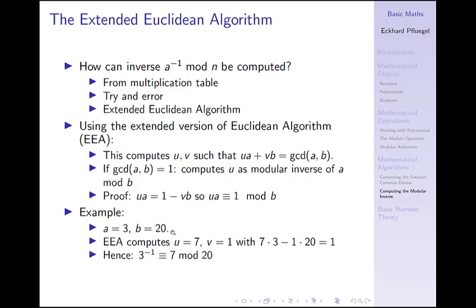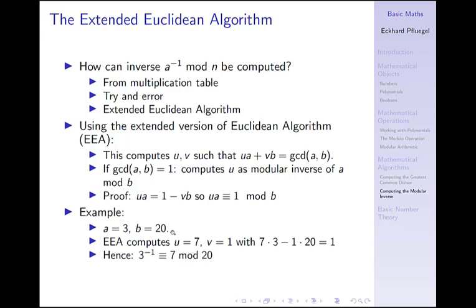Then I would recommend using the extended version of the Euclidean algorithm, which computes something linked to the optional part of the mini exercise from just earlier, which has to do with the linear combination of the inputs A and B. That's all a little bit tricky and theoretical, and if it doesn't mean much to you, then just skip over this.